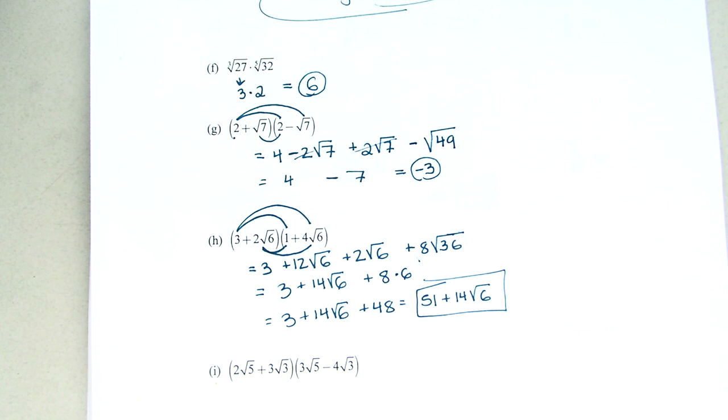Remember our rule, if it's on the outside, keep it on the outside, inside, keep it on the inside. Keep the outsides on the outside, keep the insides on the inside.